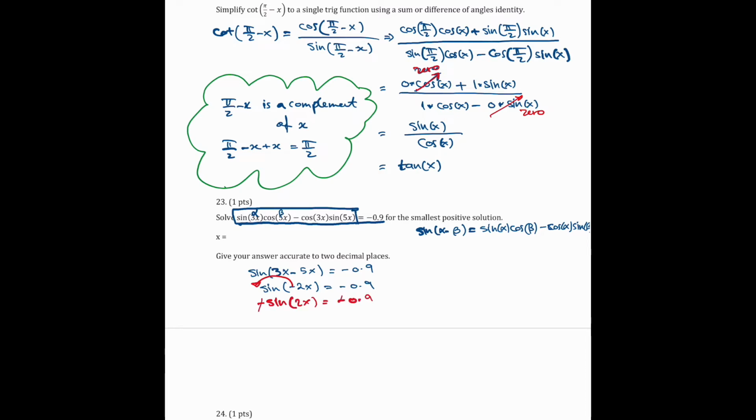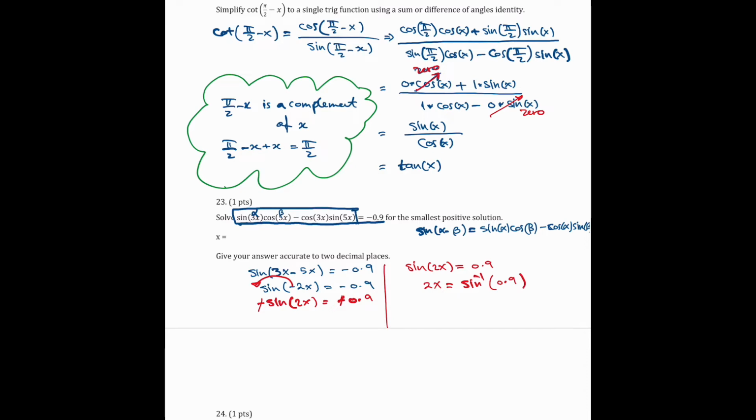The negative is going to cancel with the negative. Now I have sine 2x is equal to 0.9. To find 2x, I'm going to take the inverse sine of both sides.